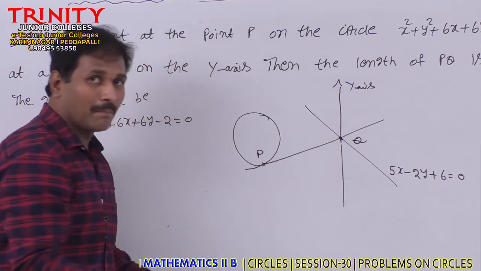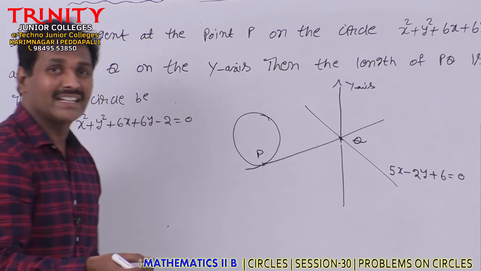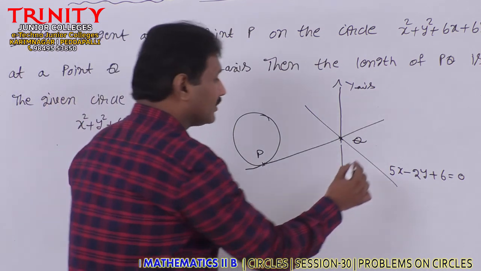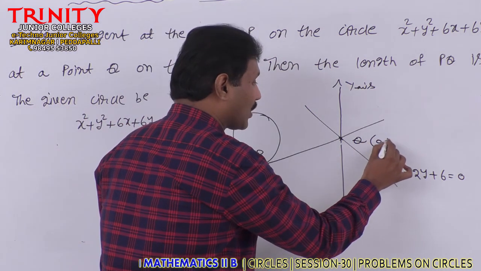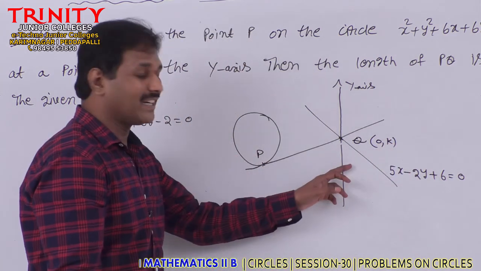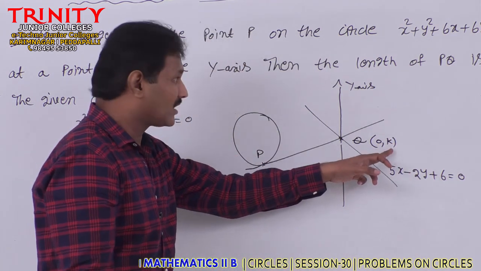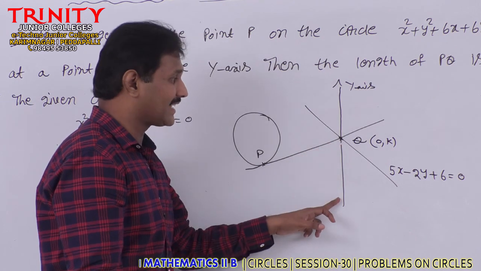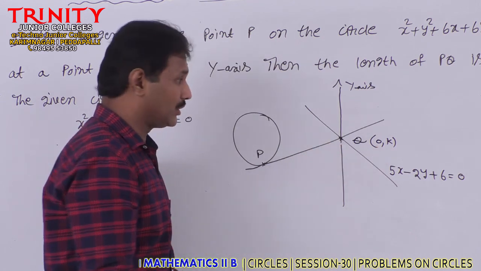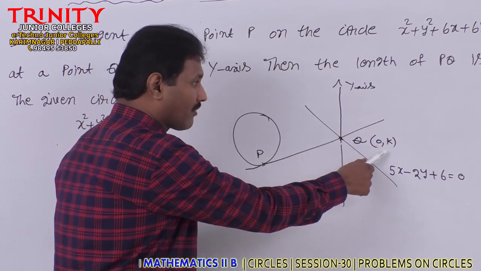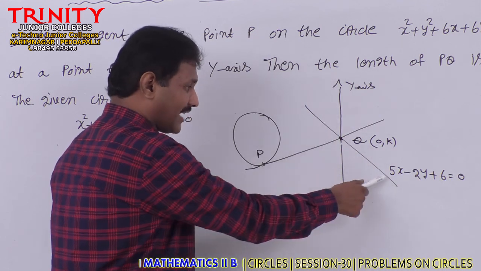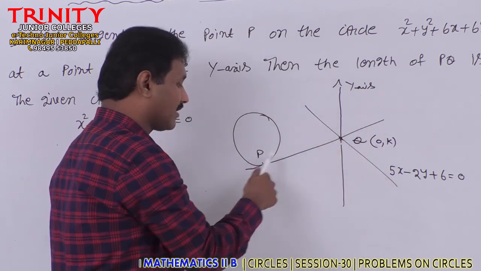Any point that lies on the y-axis has x coordinate 0, so the point Q is taken as (0, k). This is the point of concurrence of the y-axis, the given line and the tangent at P.